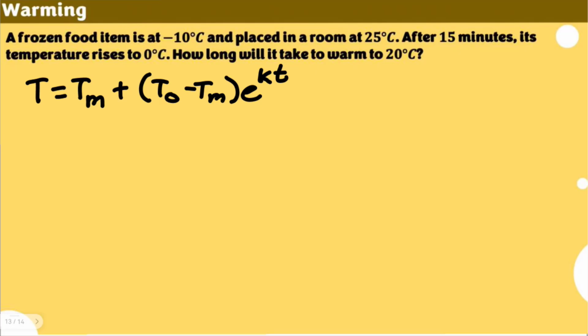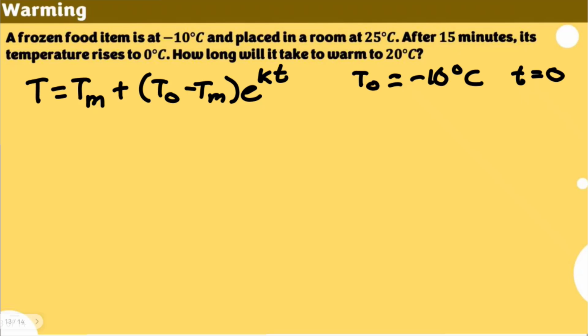In the process of solving this item, we are going to solve for k or e to the power of k later on, which is easier for us. I'm going to discuss that later. But let's try to come up with a situation as well, so we will be guided on what to do. We're given the initial temperature of the object, T sub 0, which is negative 10 degrees Celsius. That would mean our time at that point is actually 0.